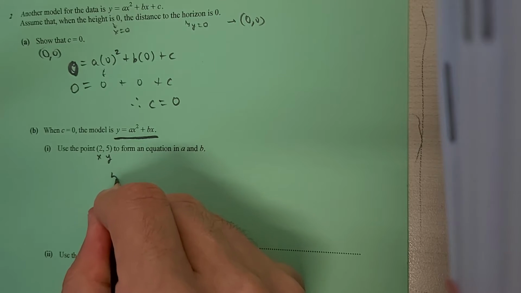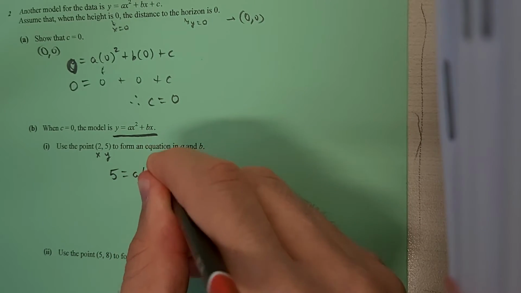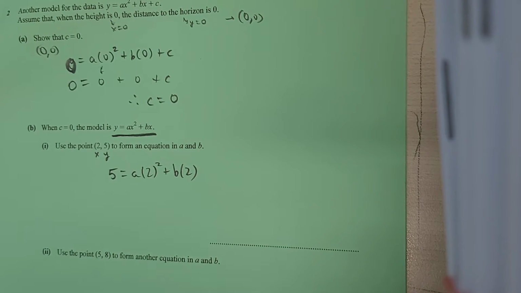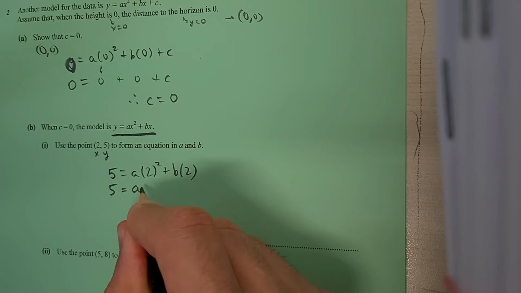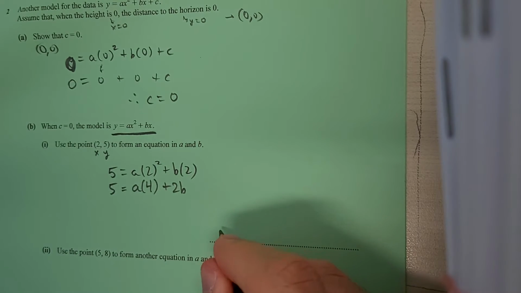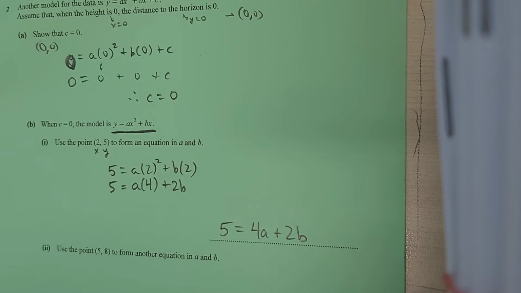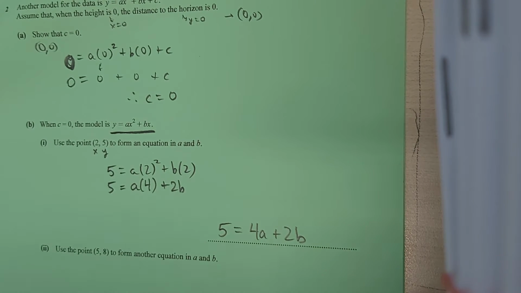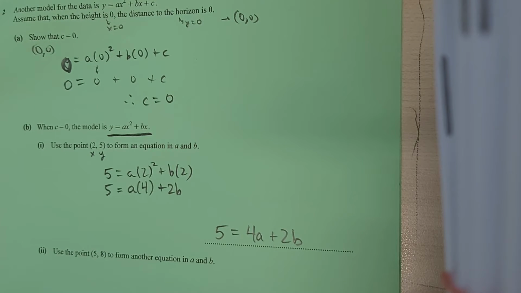So I'm going to put 5 in for y, and 2 in for x anytime that I see x. And then I'm going to simplify this equation. So 2 squared is 4, that's 2b, and if I write that equation properly, it's 5 equals 4a plus 2b. All right, so that is an equation that only has the variables a and b.